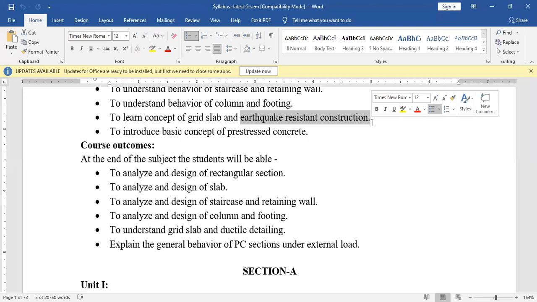So IS 1893, you will have certain design criteria related to the earthquake, while if you just talk about 13920, then in that case, we'll have to go ahead with the different ductility part as well.